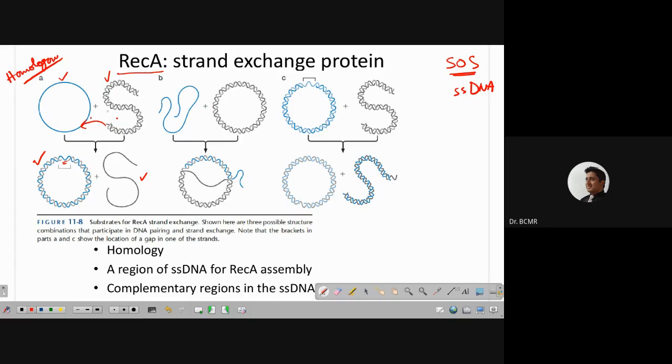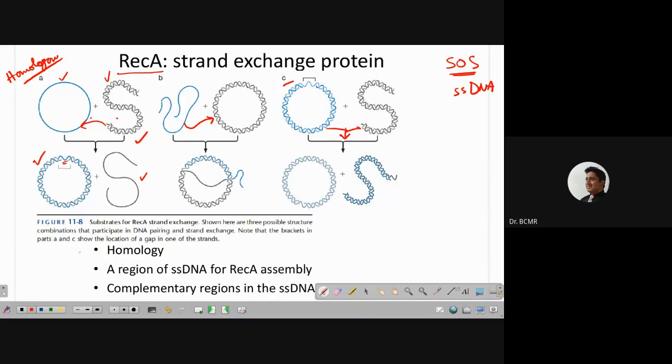If there is no sequence similarity, then they cannot be exchanged. Similarly, RecA can also do a lot of things, like putting single-strand DNA into this one, the reverse of what we are seeing in case A. In C, you see that it can exchange DNA from two different molecules. So it's an amazing protein, how it makes these things happen, right?